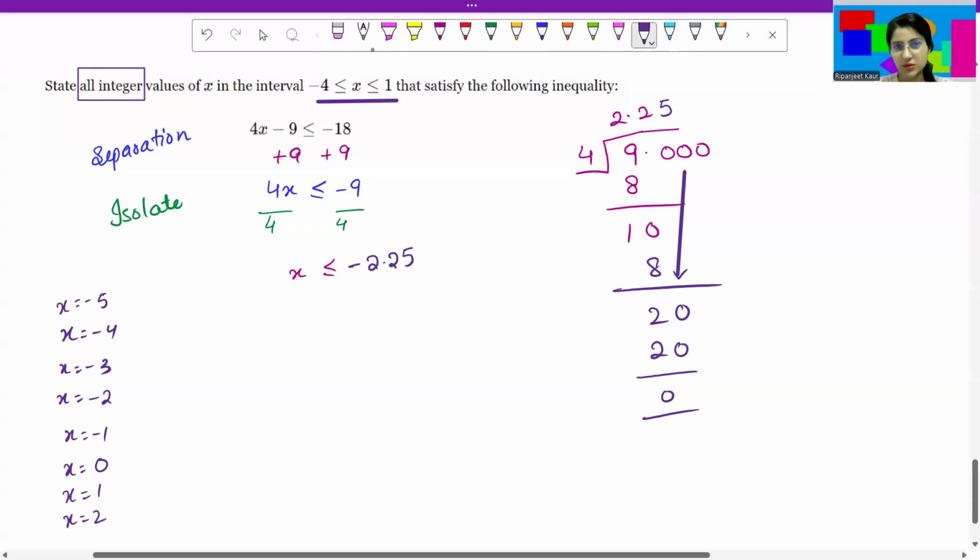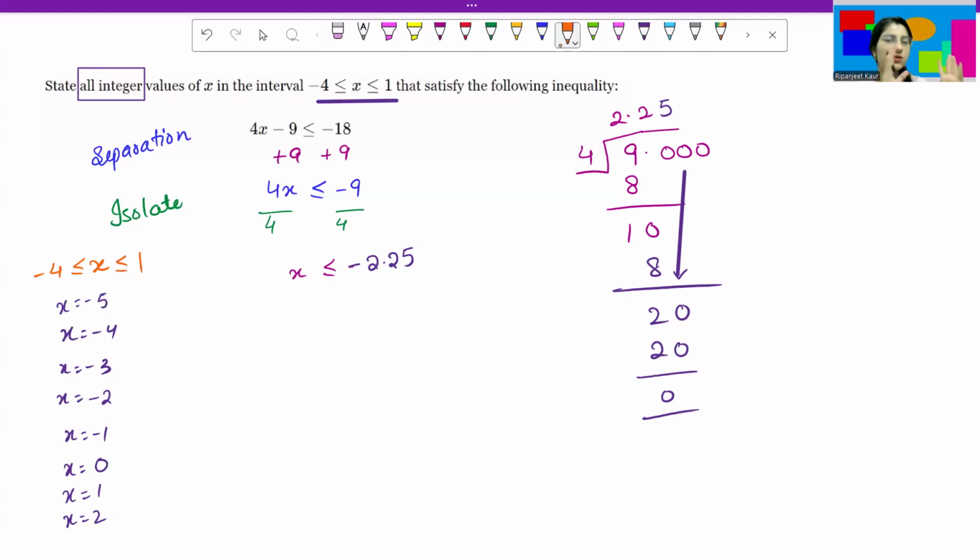Now let's look at one thing over here. There are infinitely many numbers. We can take any number, but they are giving us a condition that x should be lying between negative 4 and 1. Negative 4 and 1 are included because equality is here, and the rest of the numbers should be lying in between.